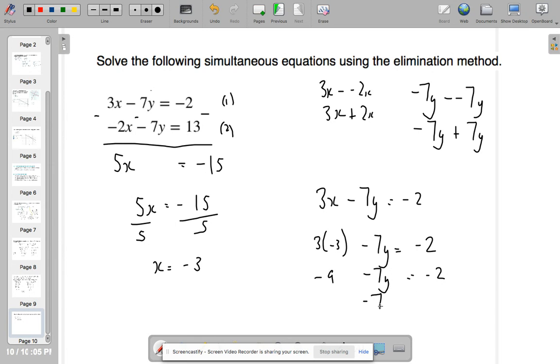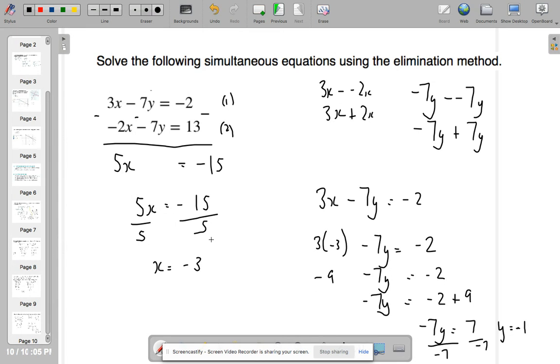Get -7y by itself. I take the -9 to the other side, it becomes a +9. -7y equals -2 plus 9, which is 7. Divide through by -7 to get y by itself, and y equals -1.